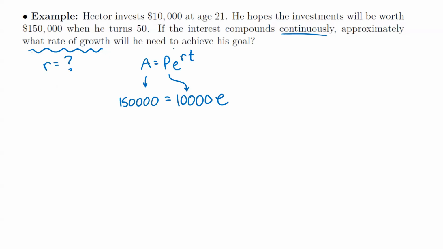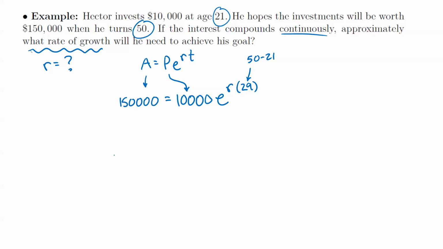They do tell me t, because they're saying at age 21 and then when he turns 50. So the span between 21 and 50 is 29 years. So we're going to plug in r as a letter, but then 29 as the t, so 50 minus 21.